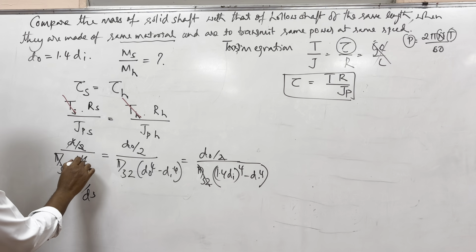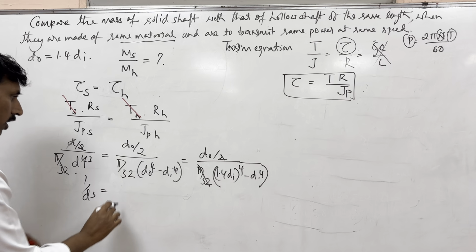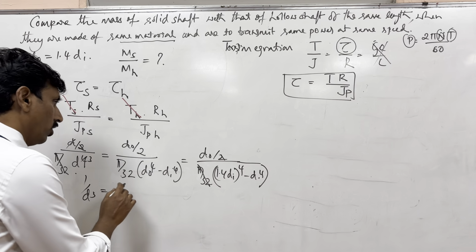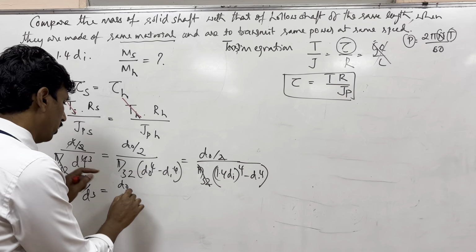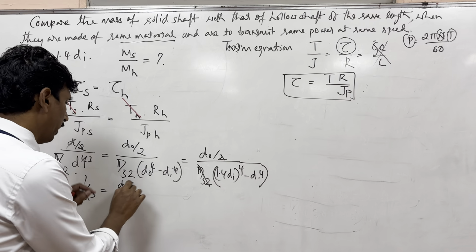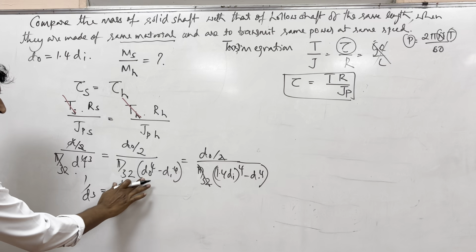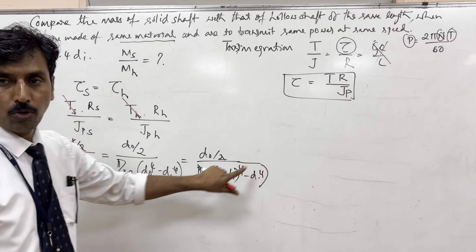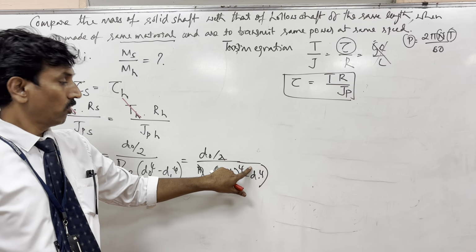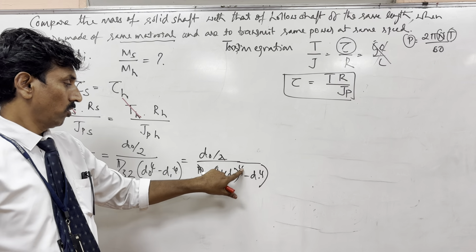So this and this cube get cancelled out. It is left with D0 by 2, of course that 2 has got cancelled out, divided by how much? 1.4 raised to the power of 4 is how much?